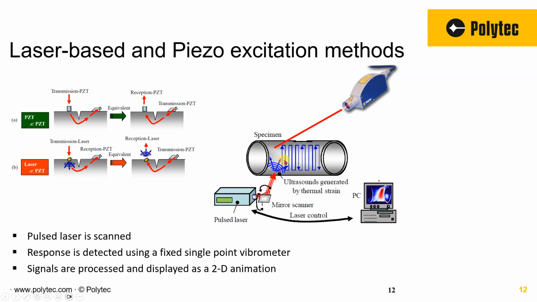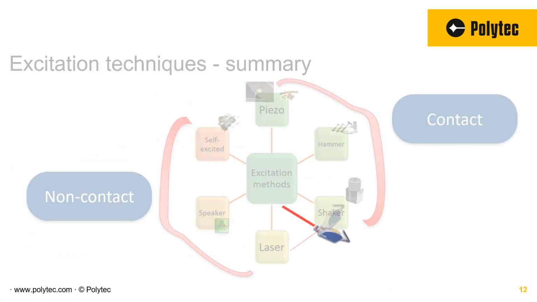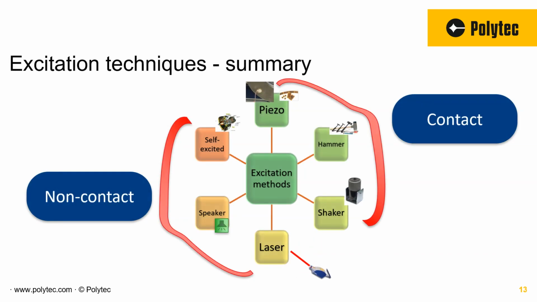In this case, instead of moving the sensor to do a scanning measurement, they were moving the excitation using a mirror set, and then coming up with a full field response of the measurement. So this is a good case study for laser-based excitation.